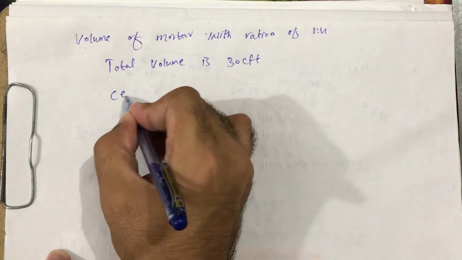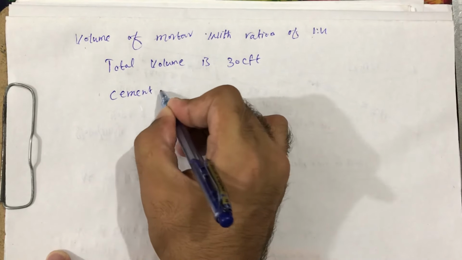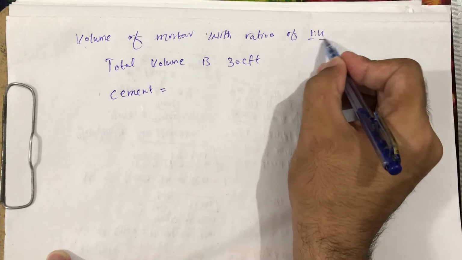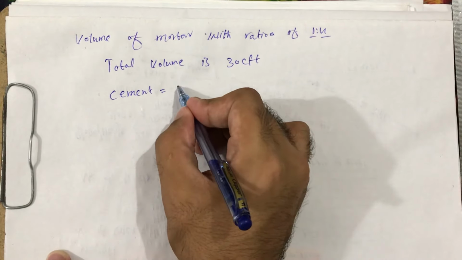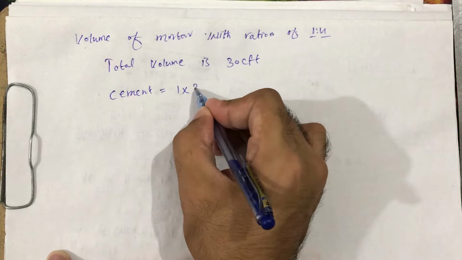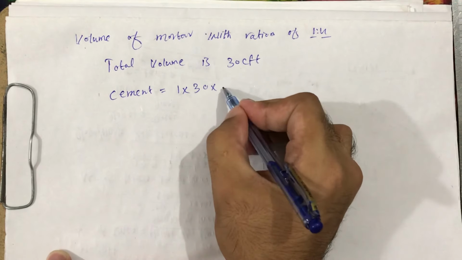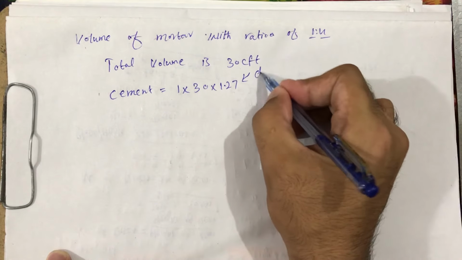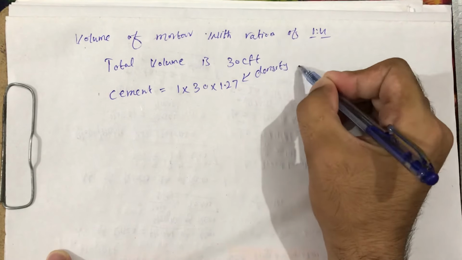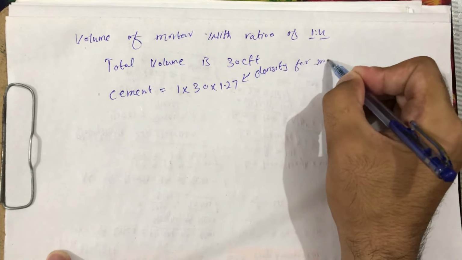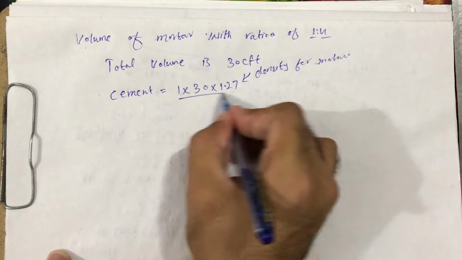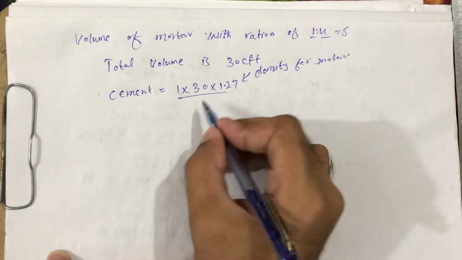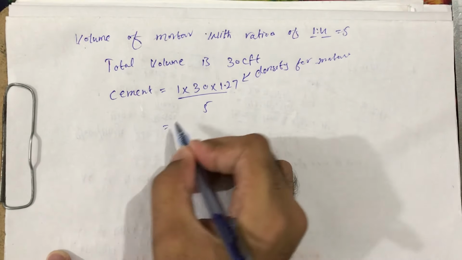So cement is equal to 1:4. So 1 is cement and 4 is sand. So 1 multiply total volume multiply 1.27, which is the density for mortar, divided by the sum of 1:4, which is 5.